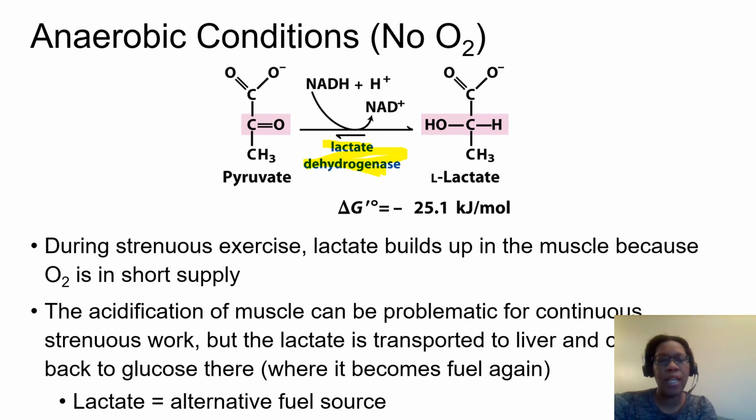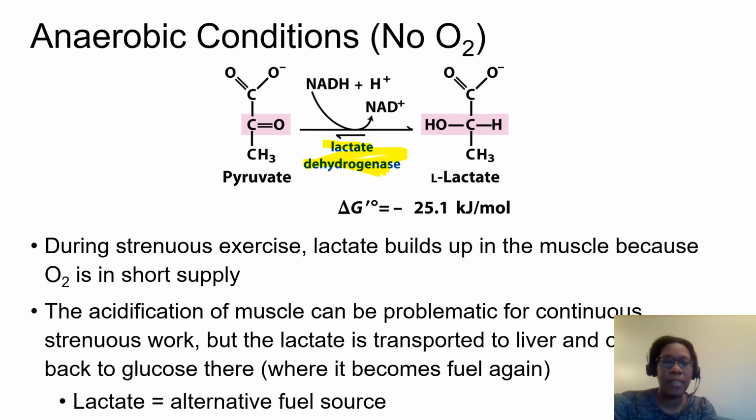So at the end of glycolysis, we have 2 molecules of pyruvate. In order to go through the citric acid cycle, we actually need oxygen. And during strenuous exercise, the muscles are working so fast and using up so much energy that oxygen cannot be supplied fast enough. So your muscle cells will convert pyruvate into lactate.